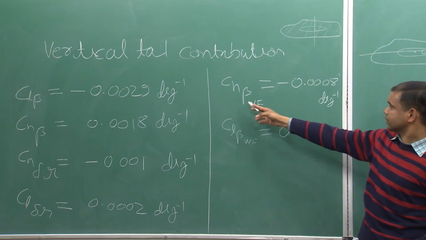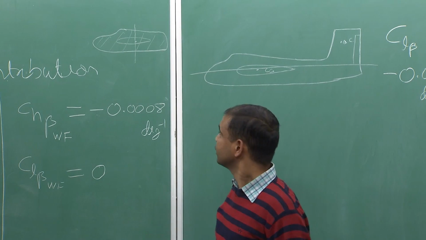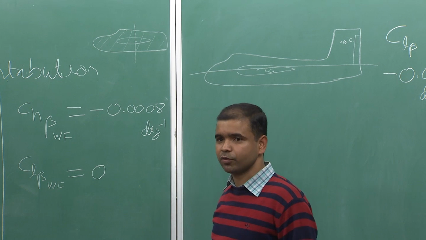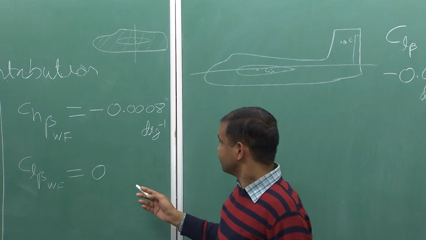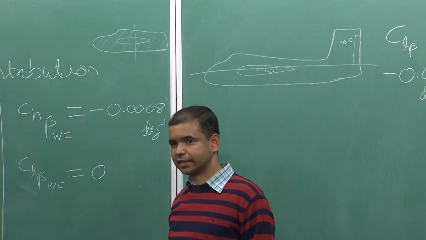But after installing the vertical tail, our net value will become positive, and that is our requirement for stability. It means the vertical tail is providing us the directional stability.